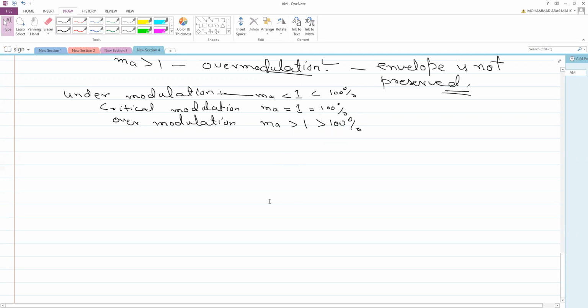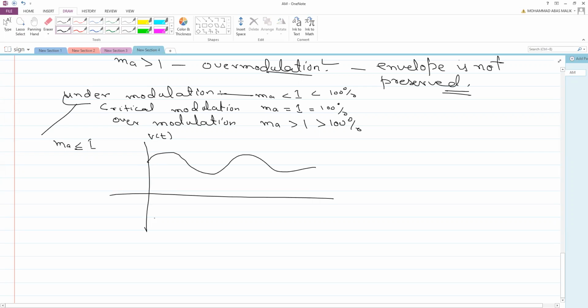Now, I will draw the graph of this. First of all, undermodulation and critical modulation, these two. That means MA is less than or equal to 1. What will the graph look like? Suppose this is your V of t voltage, then this will be your envelope, right?